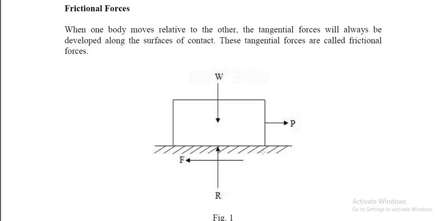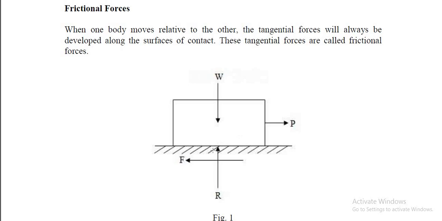Accordingly, a frictional force is developed here. If this effort is equal to the frictional force, then the body will be at rest. But once it exceeds the maximum frictional force, the body will slide in this direction, that is, in the right hand direction.